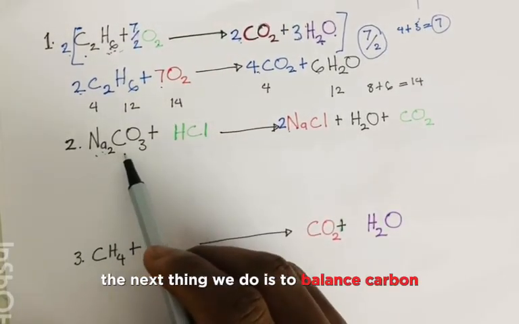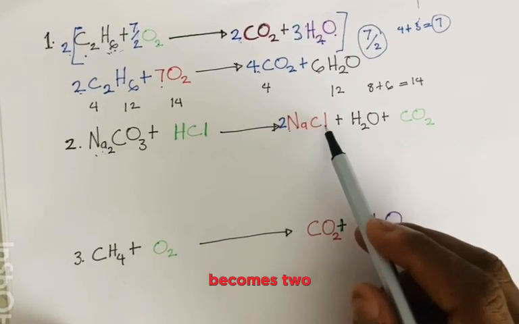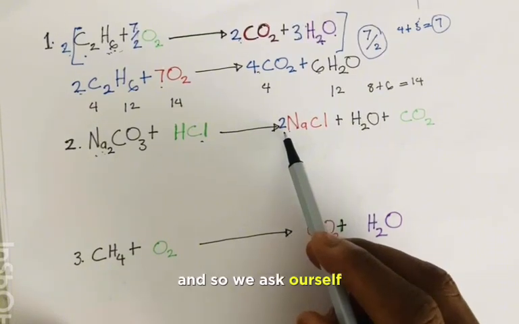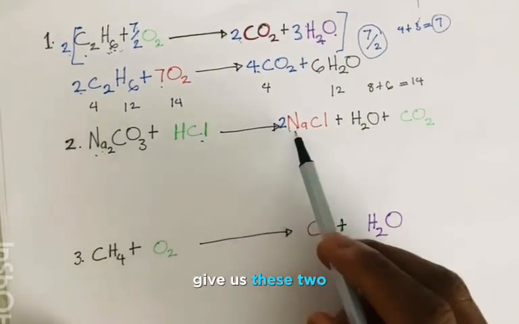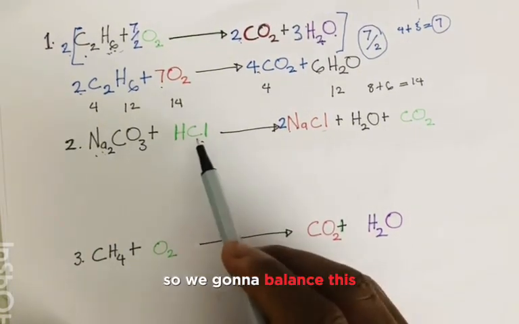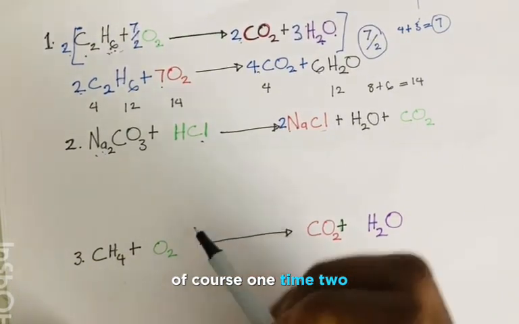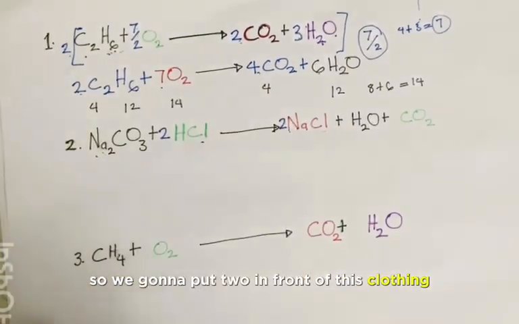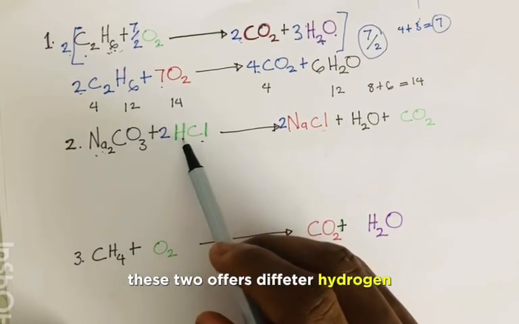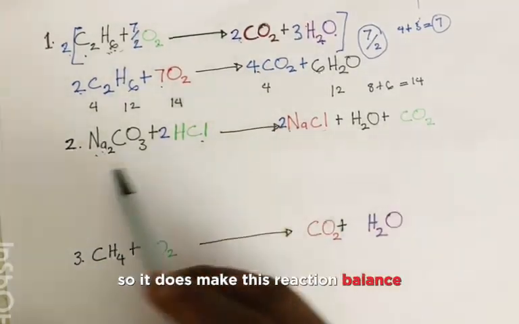Then we want to balance chlorine, so we ask ourselves, 1 times what number gives us 2? Of course 1 times 2. So we're going to put 2 in front of HCl, making chlorine balanced. This 2 also affects hydrogen, and of course hydrogen here is also 2. So that makes this reaction balanced.